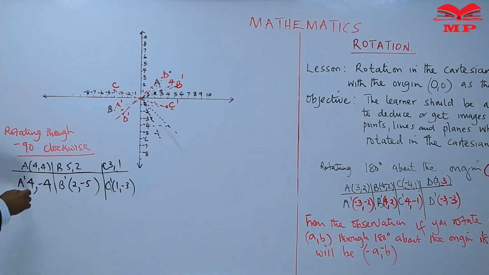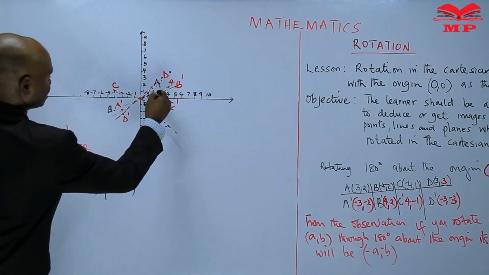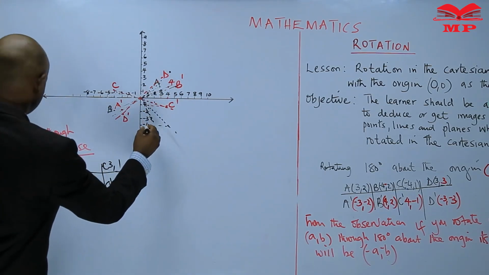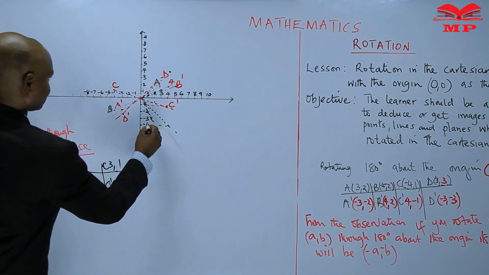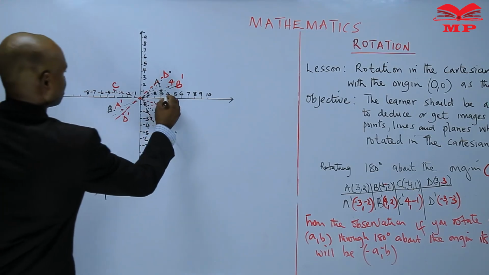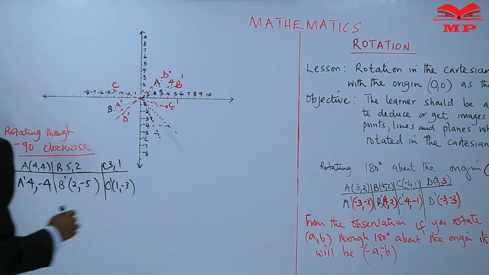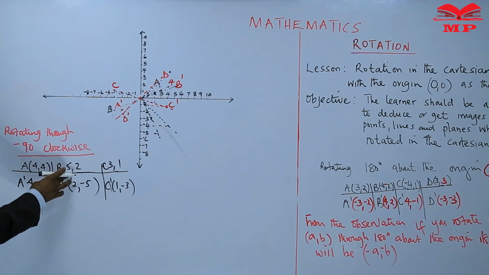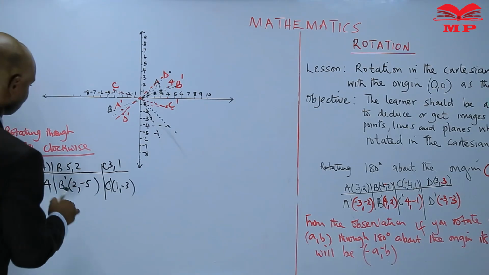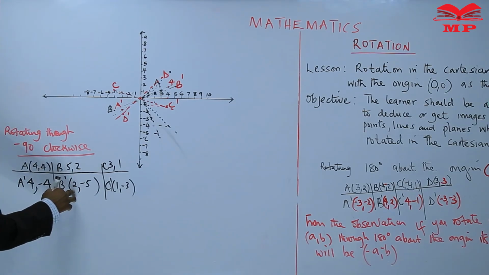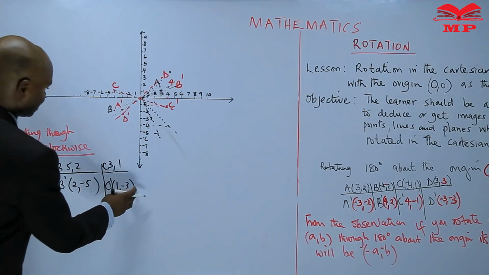Here we had 4, 4 became 4, -4. The second one, 5, 2, we got 2, -5. And the last one, 1, -3.